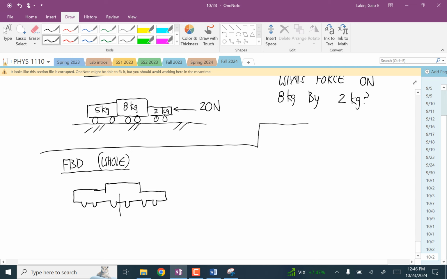There's a weight force down. The total mass is 15, so this is 147.15. There's a pushing force from the ground onto the wheels. I'll call that N total. And then there's a 20 Newton force here.